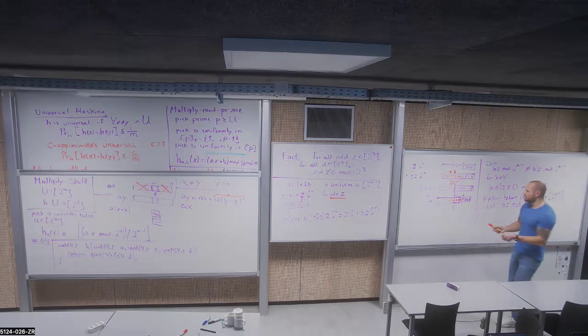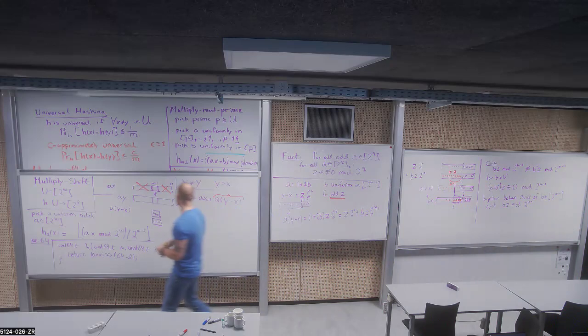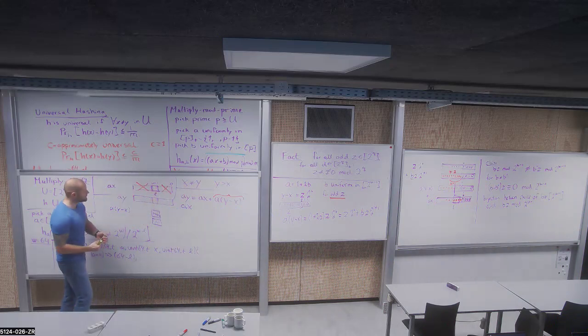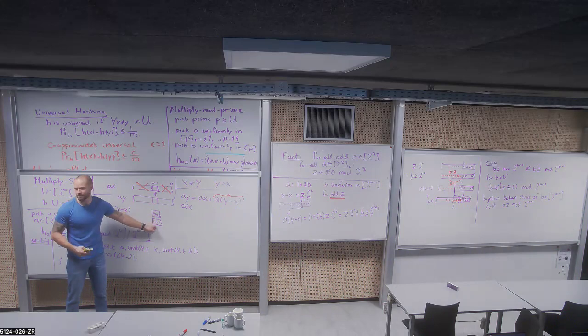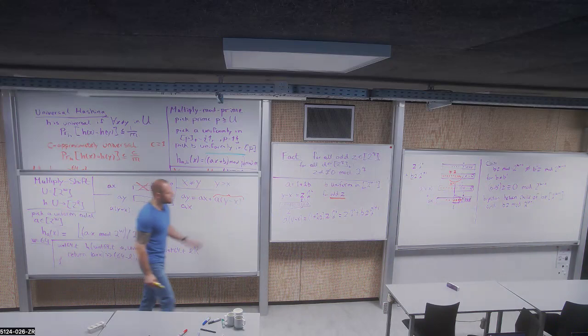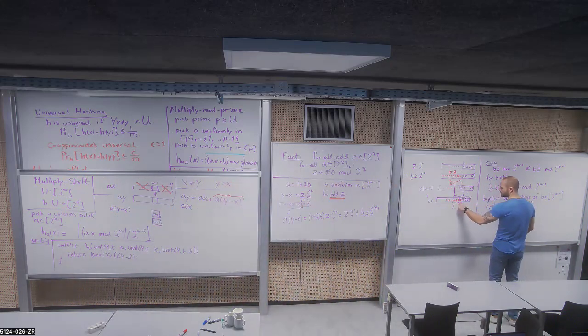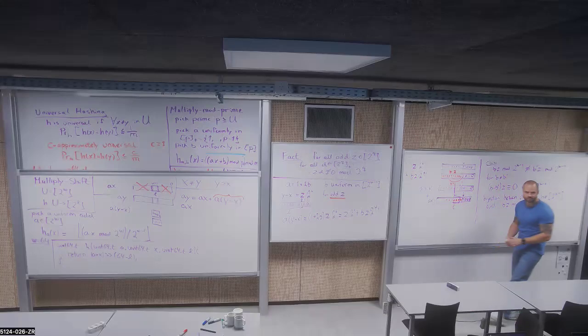Which means we can now argue what we said earlier: the only way we could get a hash collision is if these bits in A times Y minus X are either all zeros or all ones. Either a carry from below and all ones, or no carry and all zeros.